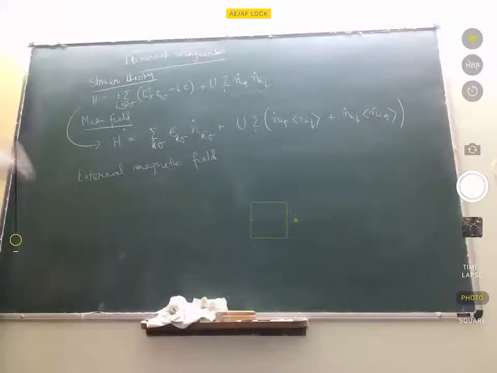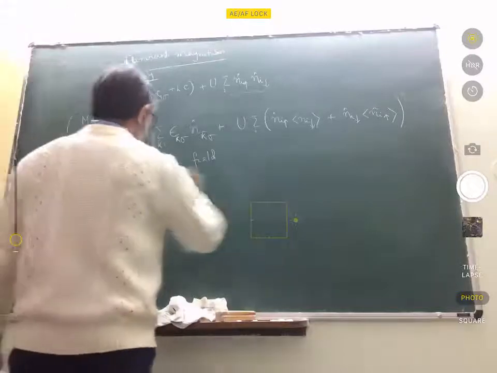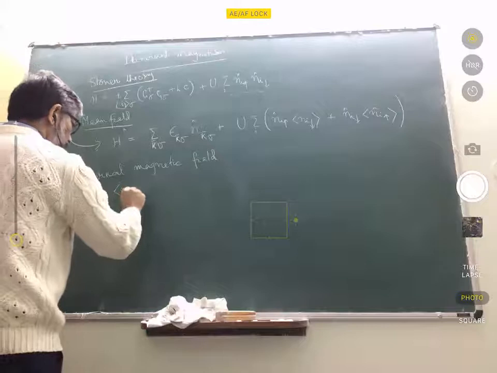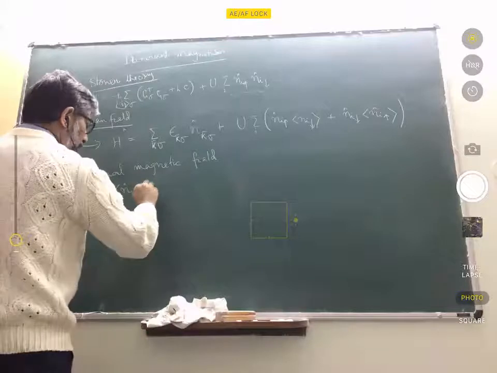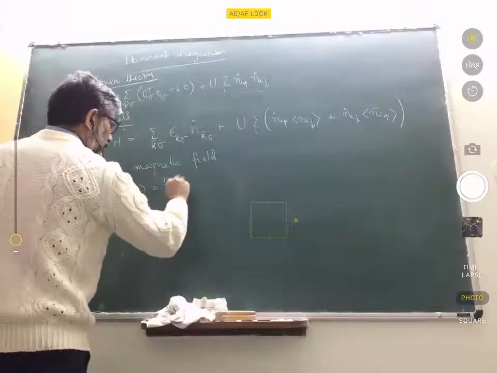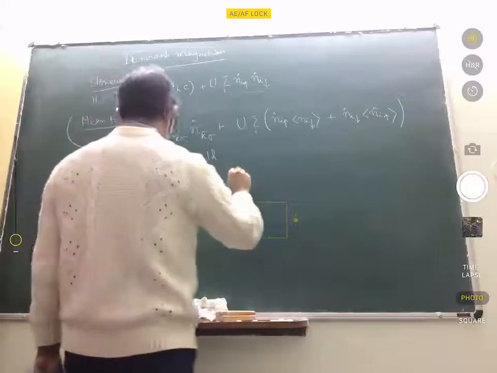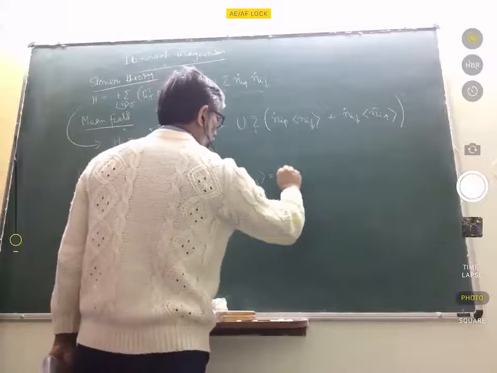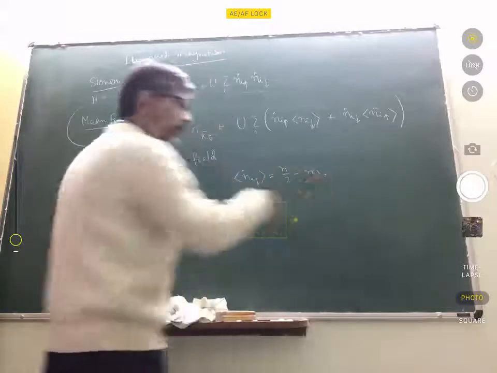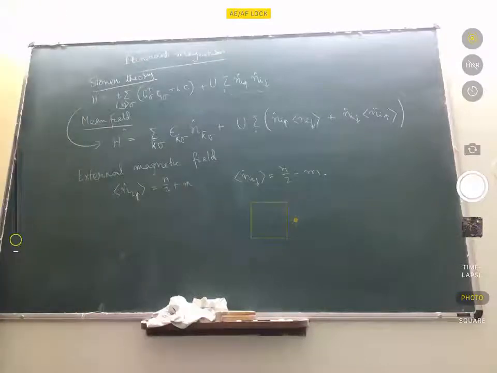And so, which leads to, Ni up. See, I'm assuming a ferromagnetic order. So I'm doing my treatment assuming a ferromagnetic order. Okay, it sort of doesn't come out of the calculation, right?